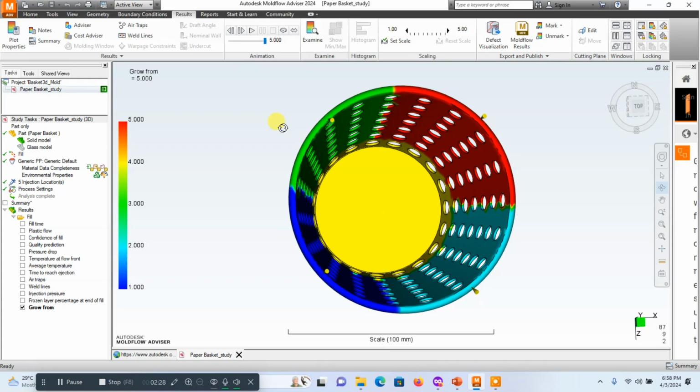All right, like in this case, in this waste paper basket, we have 5 injection locations, and you can see the color indications from each of the injection locations. You can see blue, you can see red, you can see yellow, and some other colors there. About 5 colors to indicate the gate areas. Now let's look at using this result.